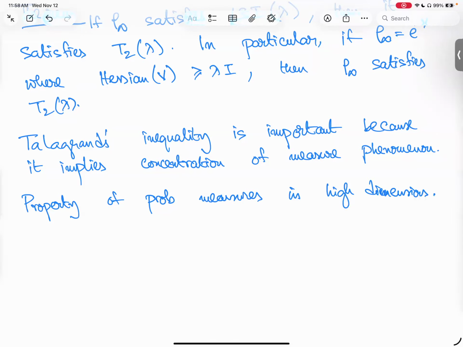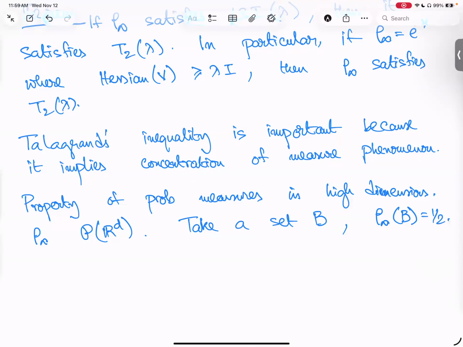It says the following: if you take a set B, where rho infinity is some probability measure in R^d, such that rho infinity puts a mass on B which is, let's say, a half, like a median kind of set.